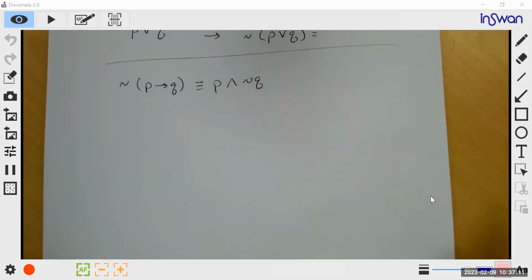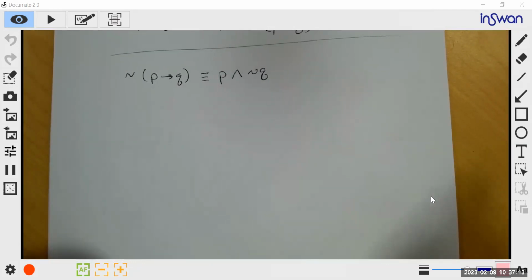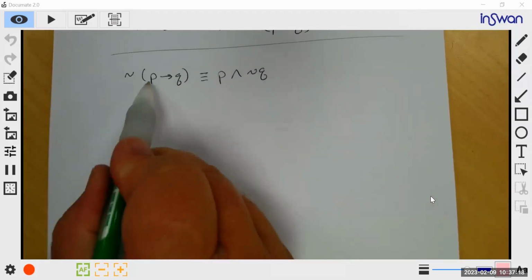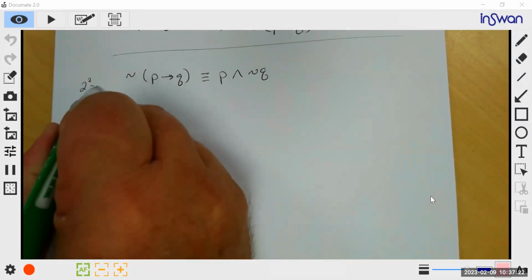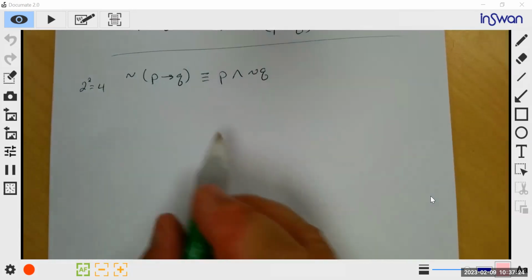How many rows do we need? 4, because we have 2 elements, P and Q. So 2 to the power 2 is 4. We need 4 rows.